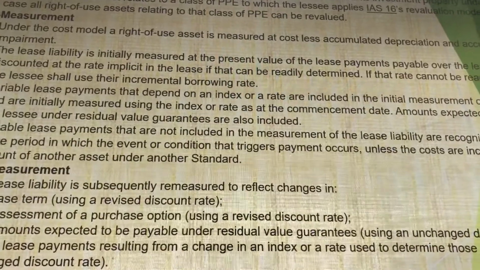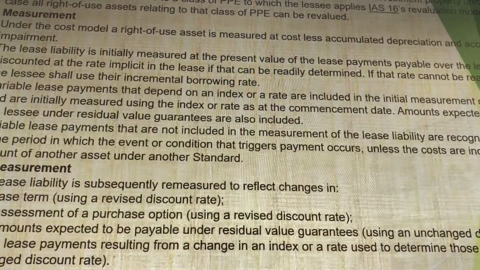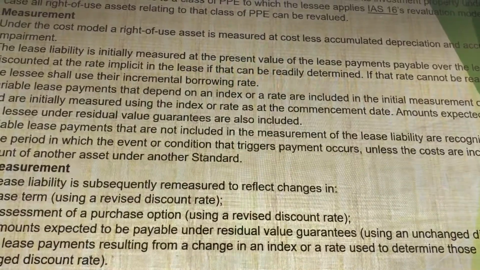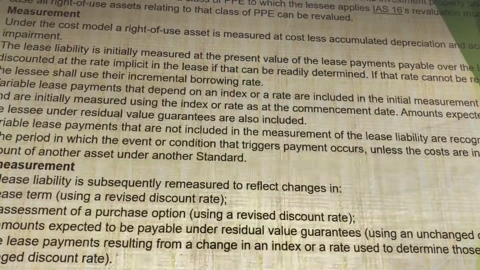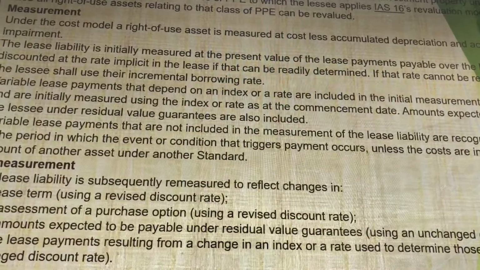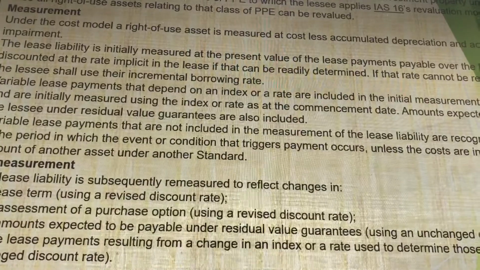Measurement. How do we measure the lease? Under the cost model, a right-of-use asset is measured at cost less accumulated depreciation and impairment.